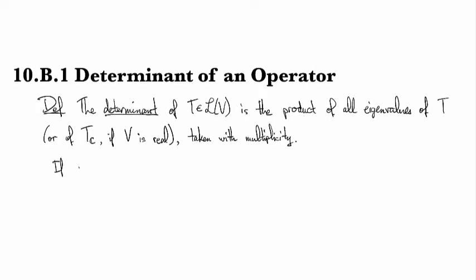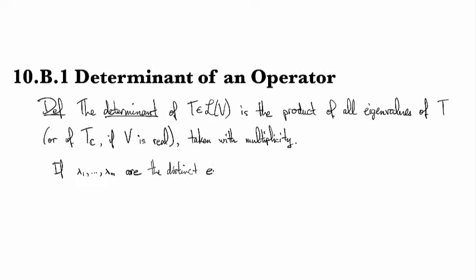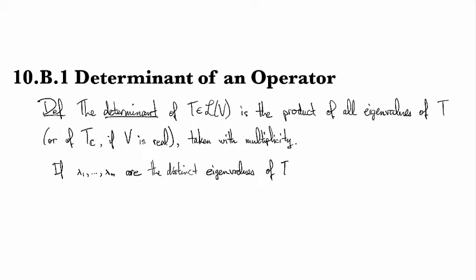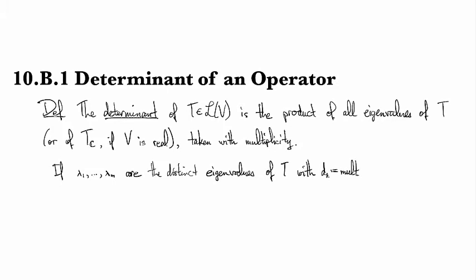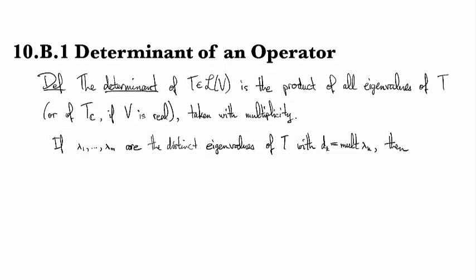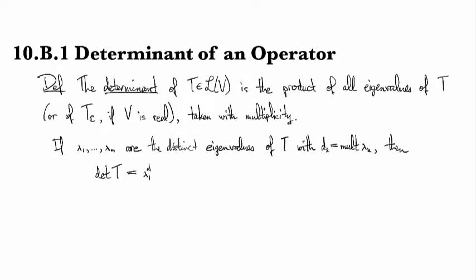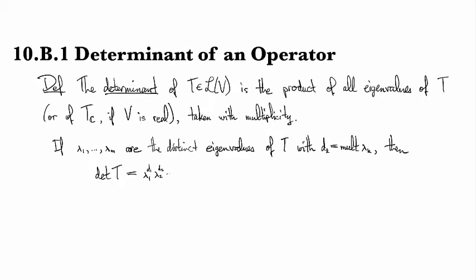So if we just look at the distinct eigenvalues, lambda 1 through lambda m, say, and we take the multiplicity of lambda k to be denoted by dk, then the determinant of T is going to look like lambda 1 to the d1 times lambda 2 to the d2, and so forth.